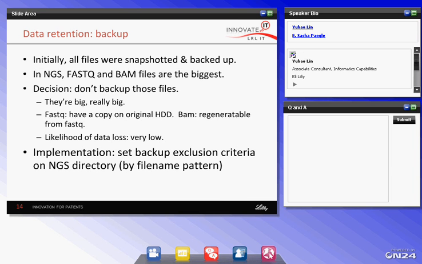So we still have the raw data on the hard drives, so we can get it if we need it, and then we can regenerate the downstream results from those raw data. It would be difficult. I'm not saying it will be easy to regenerate everything, but it is possible. And so that's our backup plan, instead of keeping a copy of everything on high-performance storage. And the likelihood of the loss was very low, so that's why we're comfortable with this approach.